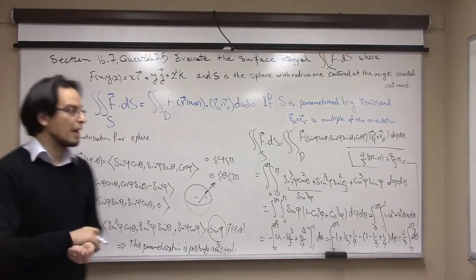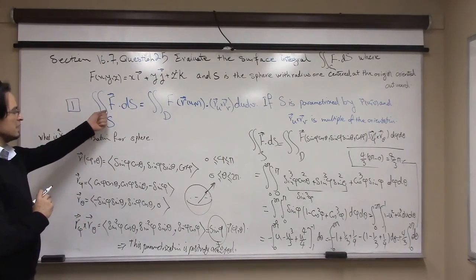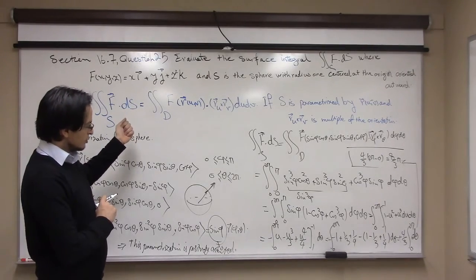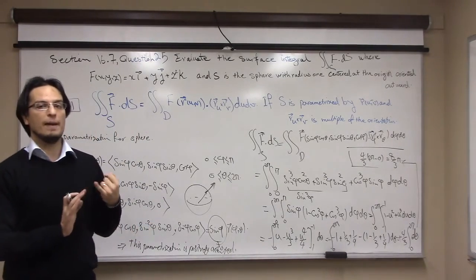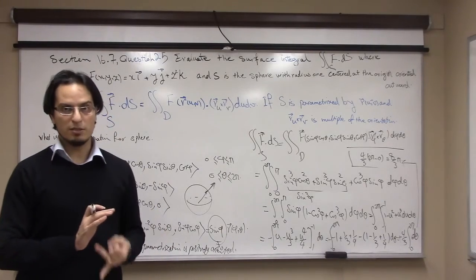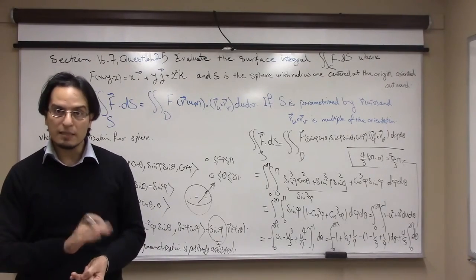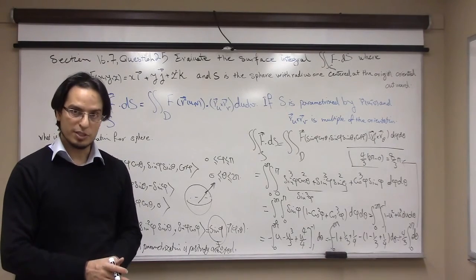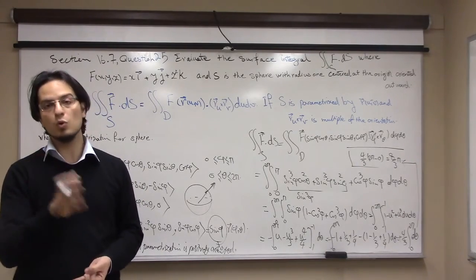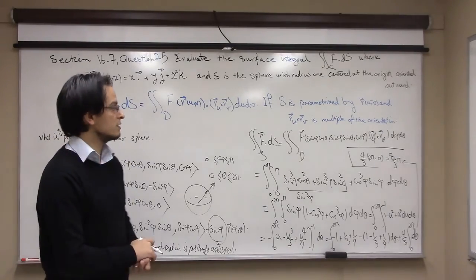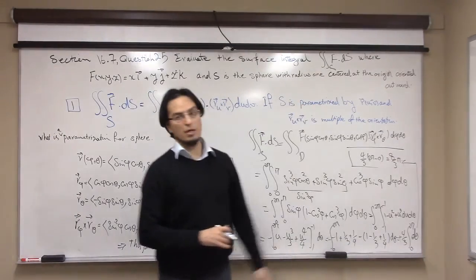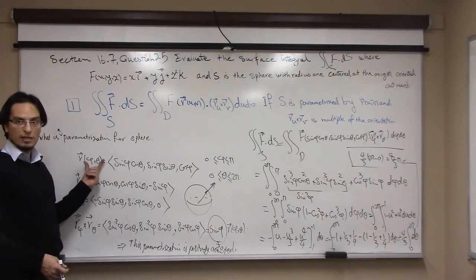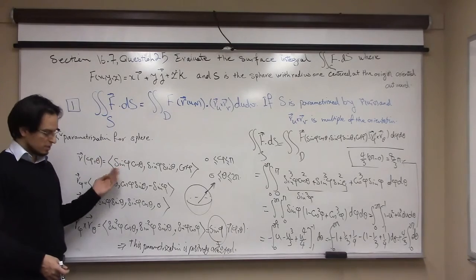Very quick wrap up: if you have a surface integral of a vector field, try to find a parameterization which is positively oriented, meaning that the orientation your parameterization gives is equal to the orientation you're looking for in the question. It was outward, and we were lucky. The orientation that we found was positively oriented.